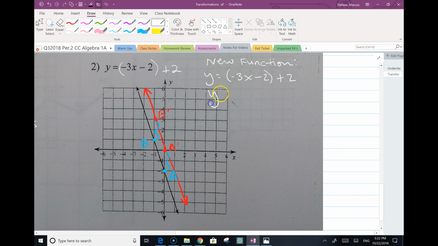So that means that y is now equal to -3x plus 0, because these two values here simply nullify each other, and I get a function that's called y equals -3x, and that is the graph of my red line. Okay? And that represents having moved the original 2 units up.